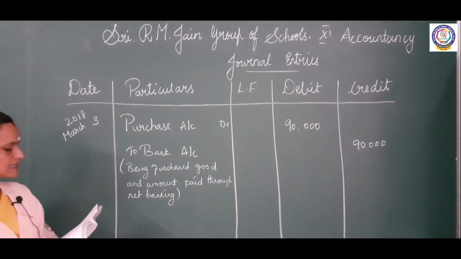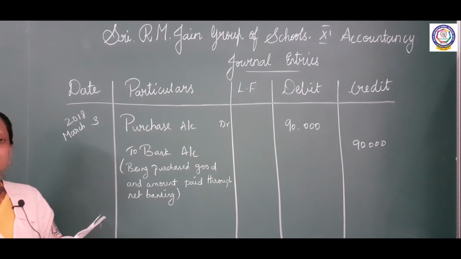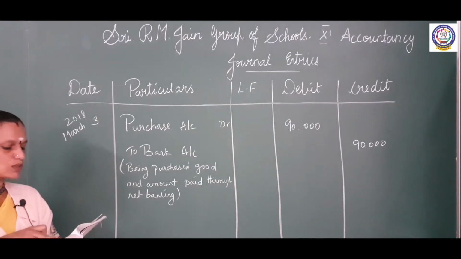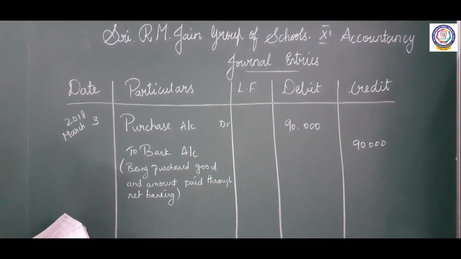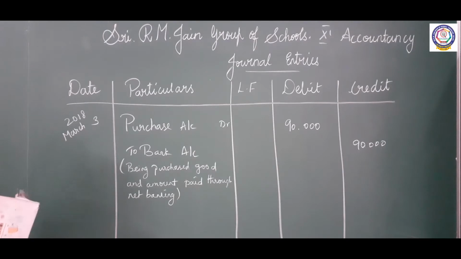Then sales made to Kumar who deposited the money through CDM. CDM in the sense cash depository machine. So what we should do? So bank account to sales account because the amount we are depositing into bank only.